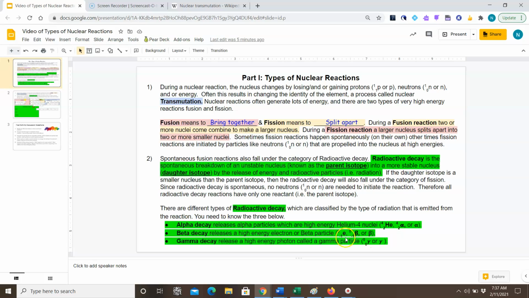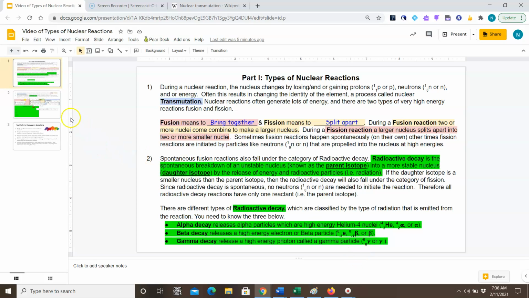Beta decay releases a high-energy electron called a beta particle, and so it has a mass number of 1 and then a negative 1 for the nuclear charge because electrons have a -1 charge. And finally, gamma decay. Gamma decay is a high-energy photon, a packet of light energy. It has no mass and it has no charge, so the only thing that changes there is it releases that energy, but the mass and the charge numbers stay the same.